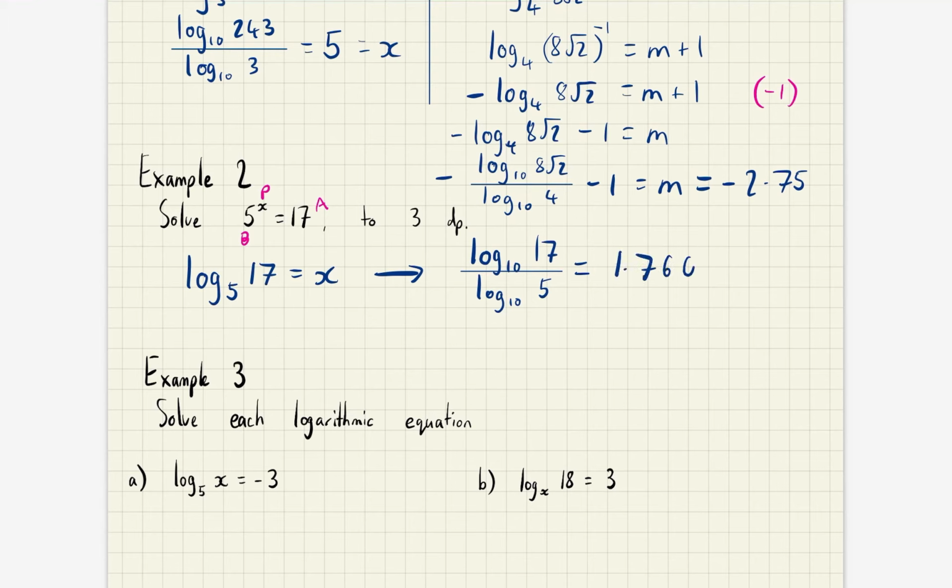So it's 1.76037, and to 3 decimal places we're going to do 1.760, and we'll still write 0. I know a lot of people might leave that out, but that's still considered a decimal place in this case, so we'll just leave it as that.